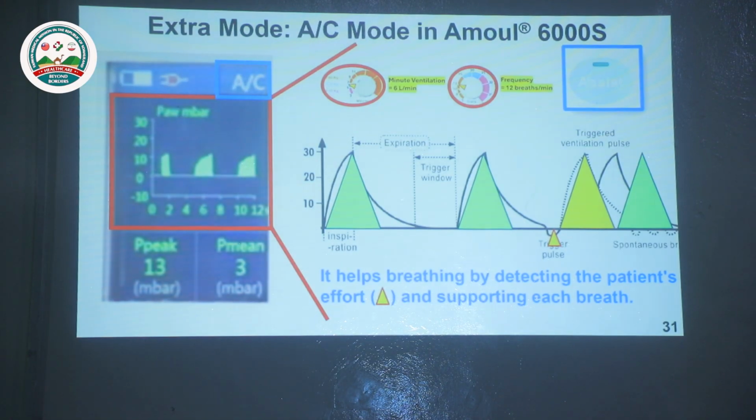However, if the patient has spontaneous breathing, for example a respiratory rate around 20, when you turn on assisted control mode, the ventilator will deliver 12 breaths of green triangle with another 8 breaths of this yellow to orange triangle, because now the ventilator can sense the trigger from the patient.